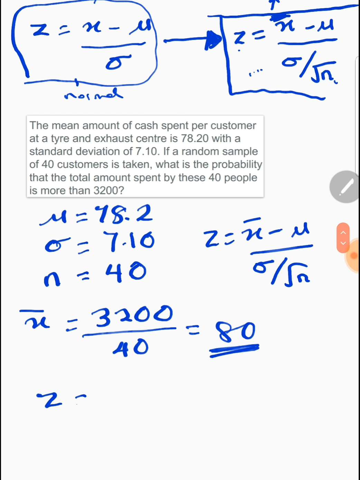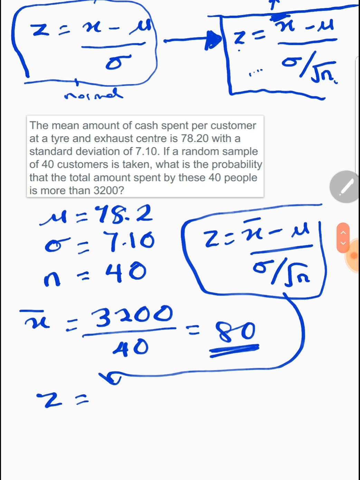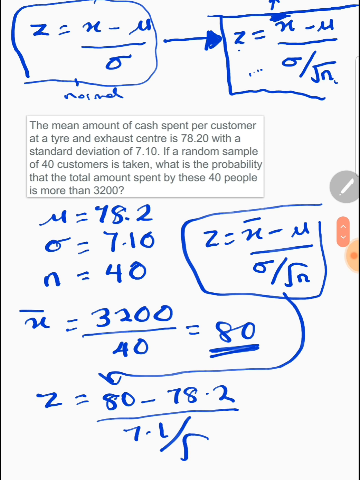And now the substitution: I have my x bar minus my mu, 78.2, divided by my standard deviation 7.1 divided by square root of 40. I hope you give it a try on your calculator.